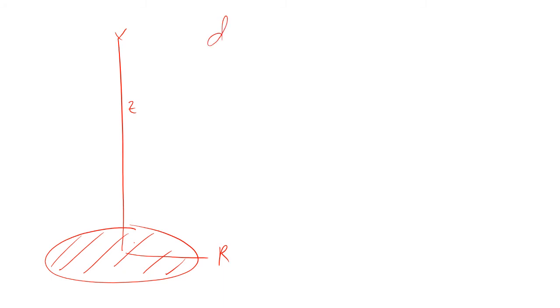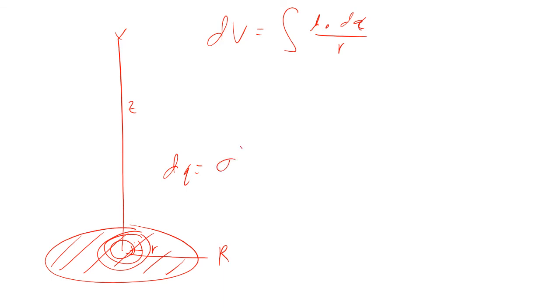Okay, so dV is going to be the integral of k sub e dq over r. Well, imagine we're integrating a whole bunch of little rings of radius r. Okay, so we've done that before. So we would say that dq is going to be equal to sigma times 2 pi r dr. Again, nothing really mysterious here.